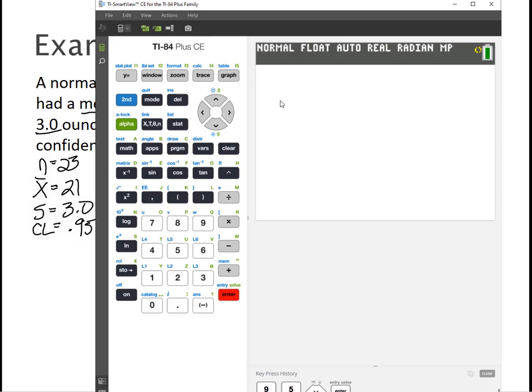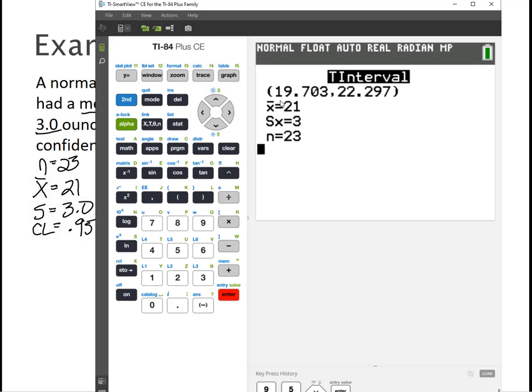All right, and then I hit calculate. Now you'll notice that student T did not run quite as quickly as the Z interval function. Anything with T interval does take the calculator quite a bit to run. So once again, hit enter once, let it think. Otherwise, you're going to get an error, okay? Just give it a minute and it'll get there, I promise.